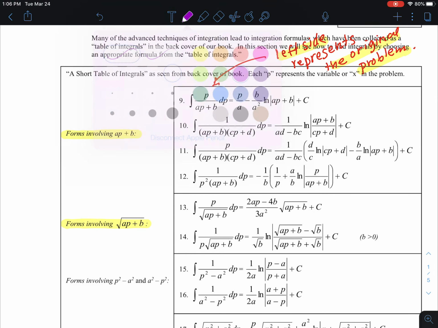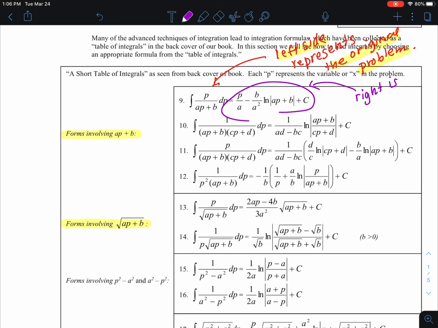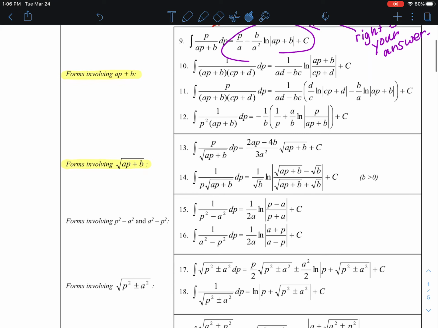The right side of the formula is your answer. So at the beginning of these problems, you're really just looking at the left side of the formulas. And I'm just going to scroll on down through here.